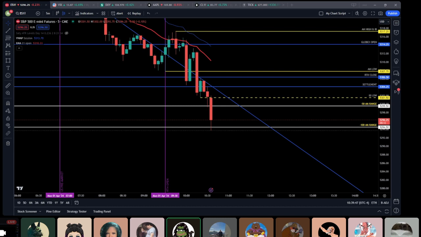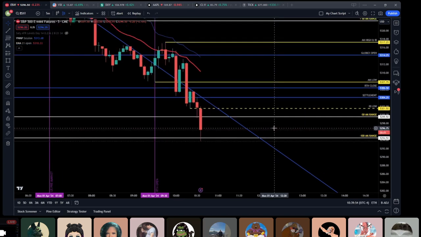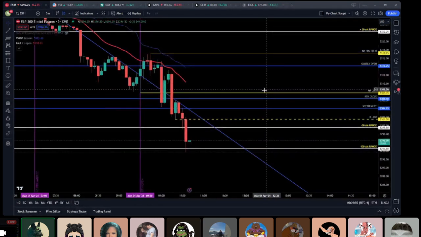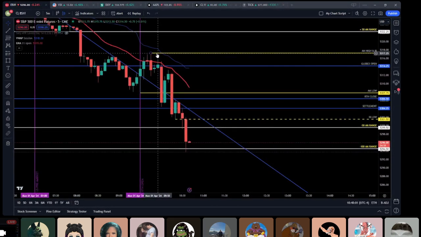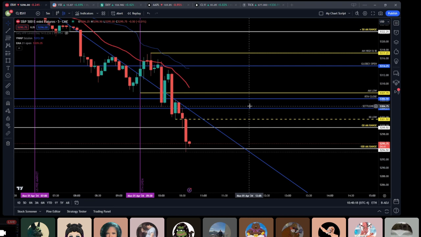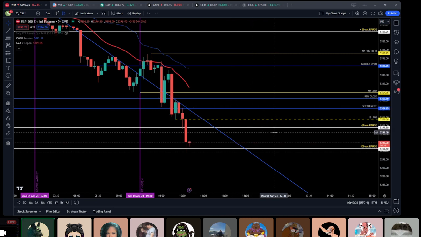Okay, I was just wondering what that plus and minus 50 and 100 AM range is again. Like, how did you find that? Oh, that is called expansions. We looked at the AM range, right? The AM high and the AM low was a 10-point range. So with expansions, you would do 50%, 100%, and if it made it that far, you would do 150%. So 50% of 10 is 5 points.